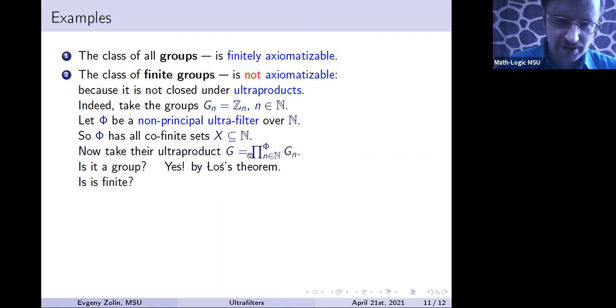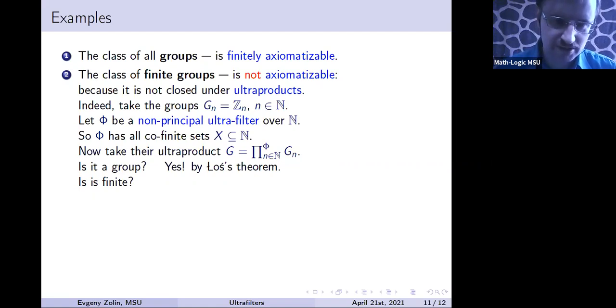So this sentence will hold on G if and only if it holds on almost all groups Gn. There exists x, there exists y, such that x is not equal to y. Which groups satisfy this closed formula? Groups number 2, 3, 4, and so on. So the set of indices n such that the group satisfies our sentence is 2, 3, 4, and so on. It is a cofinite set.